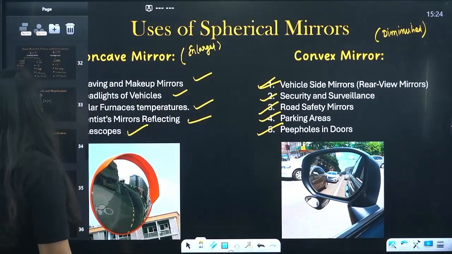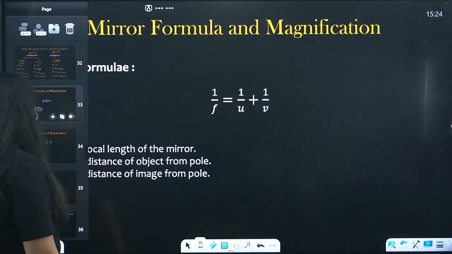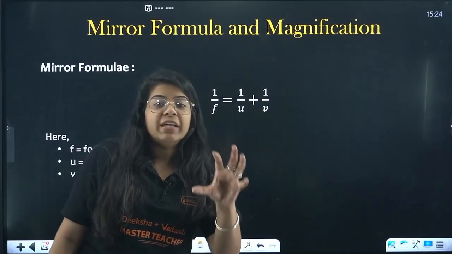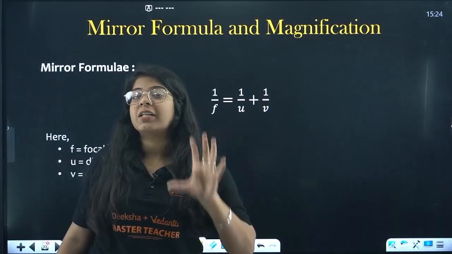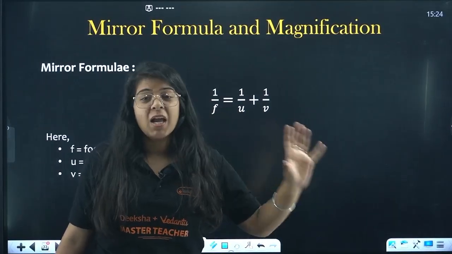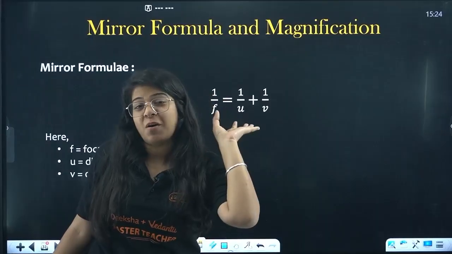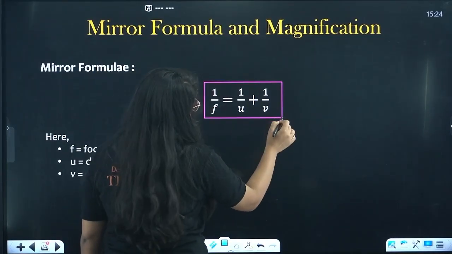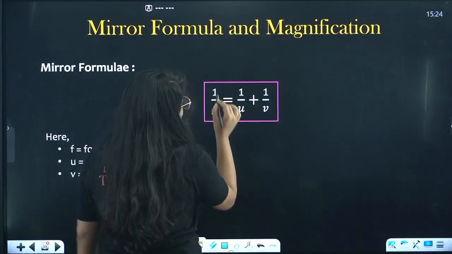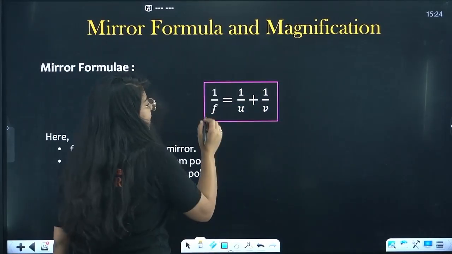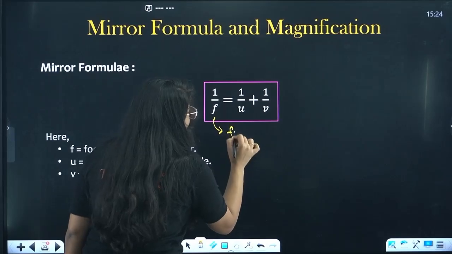Now beta, after that a very important formula, that is your mirror formula. You are given the object distance and they are asking you, this is the focal length of the mirror, let me know where the image is formed. Then beta, this mirror formula will be used. It is simply 1 by f equals 1 by u plus 1 by v, where f is simply the focal length.